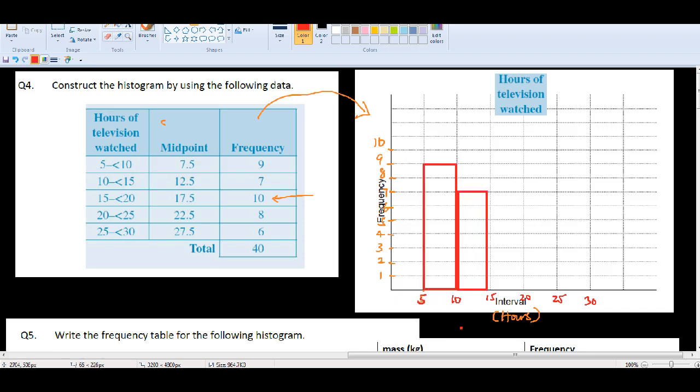Next one will be 10. That's how we do it. Next one will be 8. Next one will be 6.